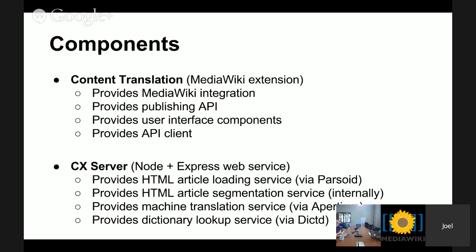It provides the machine translation service via an open source machine translation engine called Apertium, which we have set up as a service. And it provides a dictionary lookup service via the dict server, which is on the same machine as the CX Server web service.